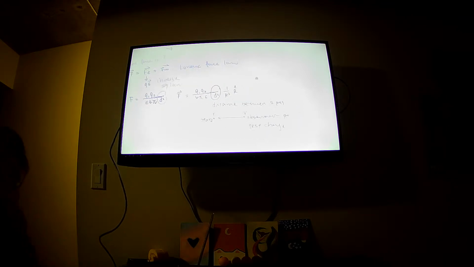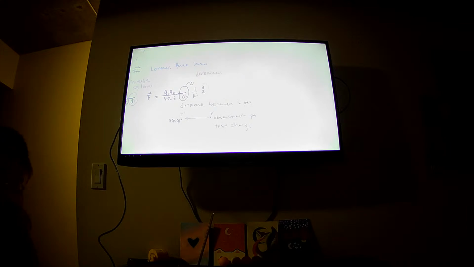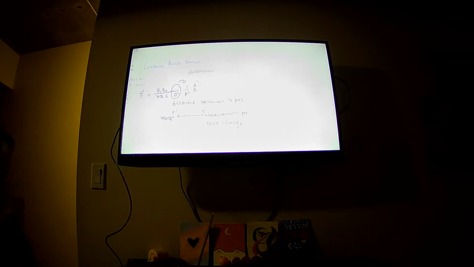So this just replaces it, and this means direction. Now how do we represent our normalized vector? We can calculate it by saying that our big R is defined by r minus r prime, from r prime to r.